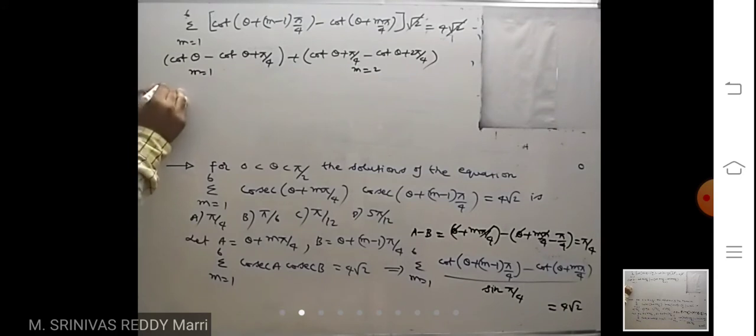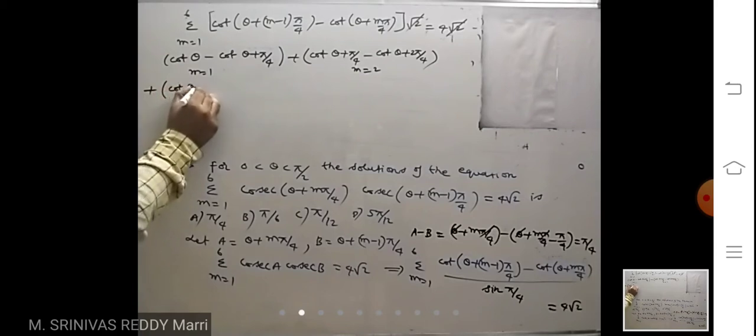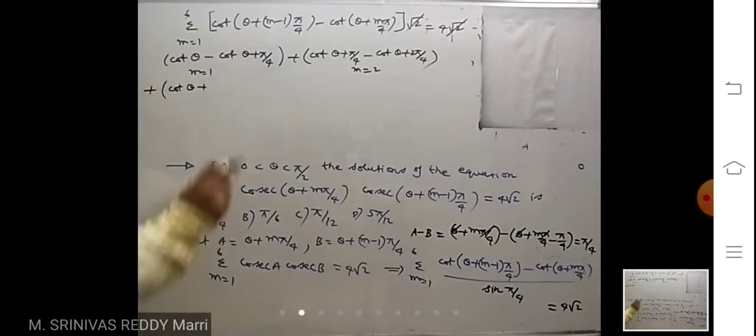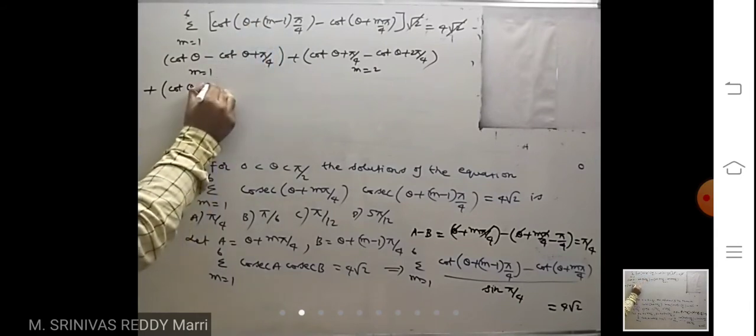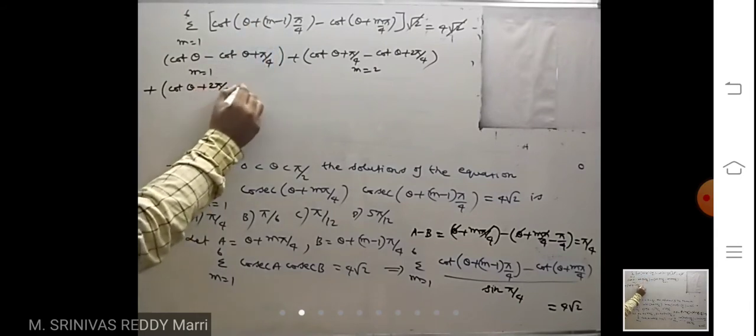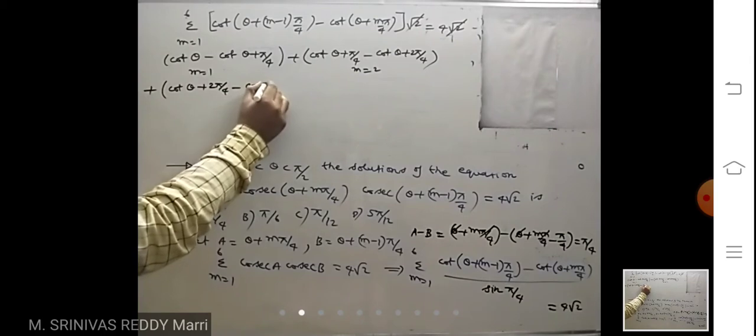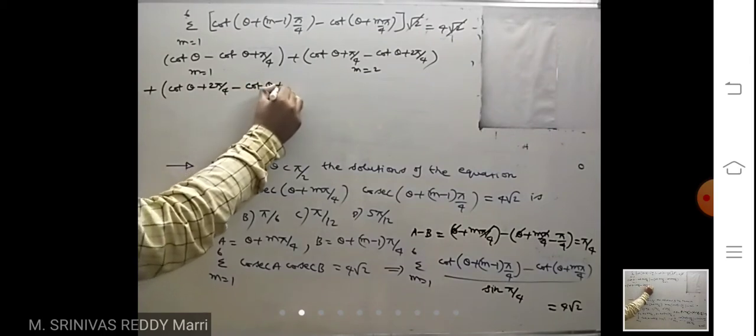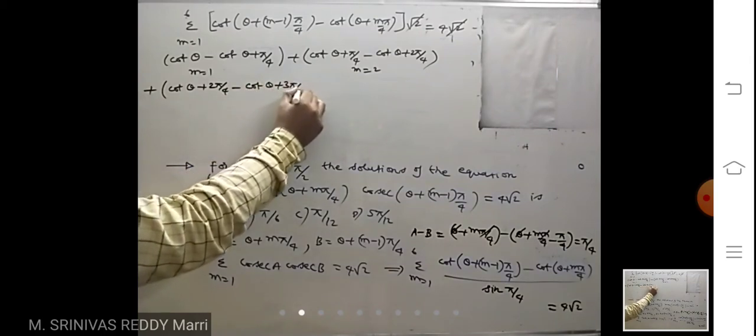Then m equal to 3 means cot theta plus 2 pi by 4 minus cot theta plus 3 pi by 4.